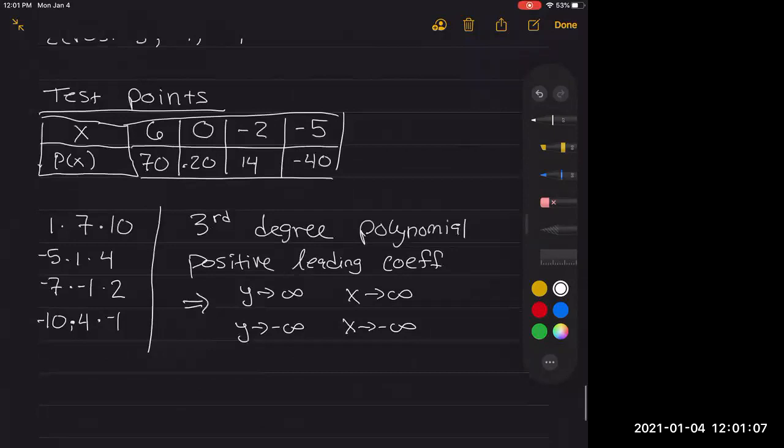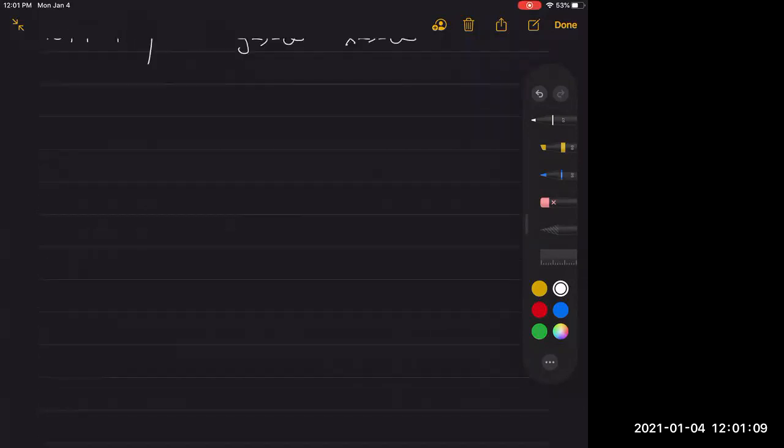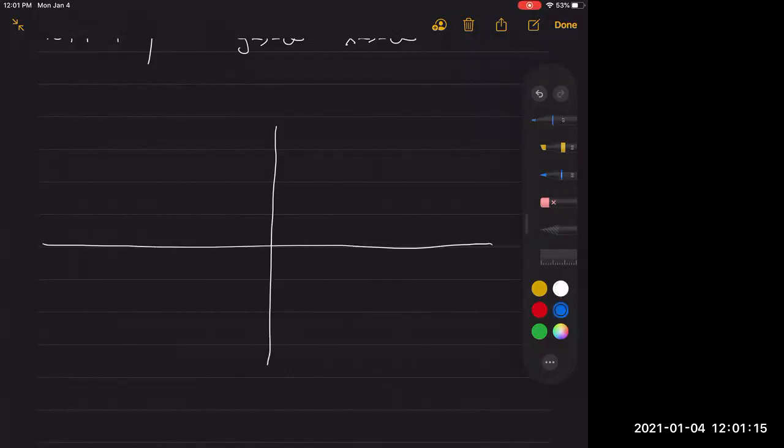to graph this. So if we draw our axes, and we start with, I'm going to let this be -5, -4, -2, -1. We all know 0. And then we have a 5 and a 6.